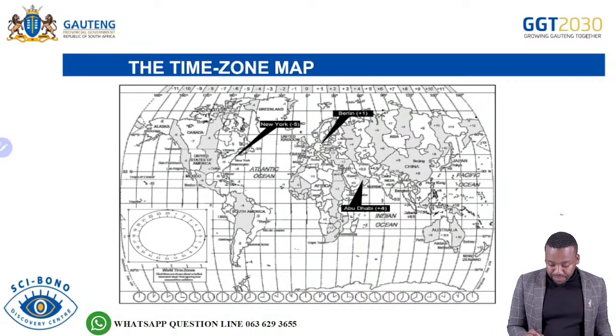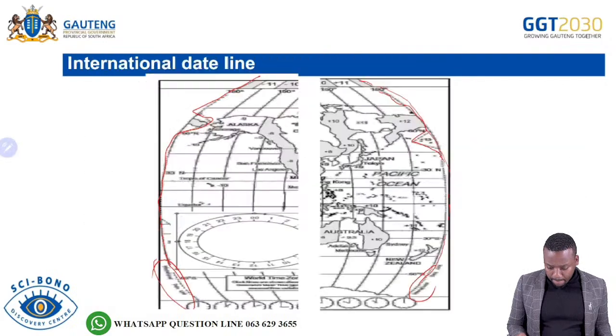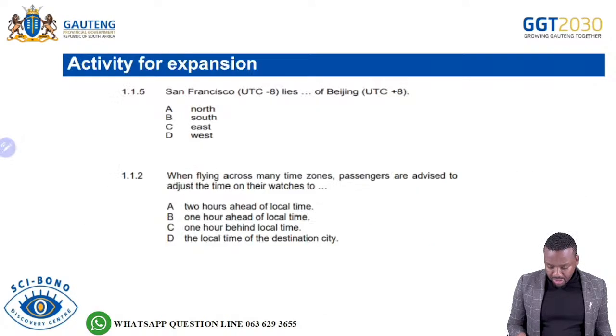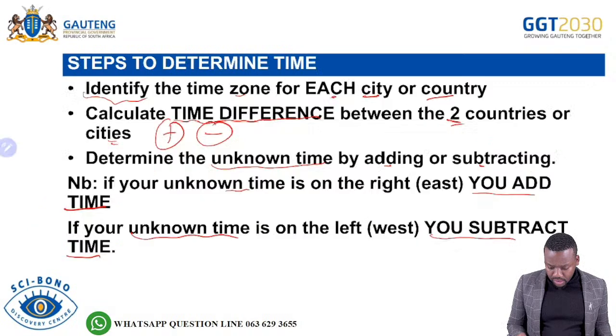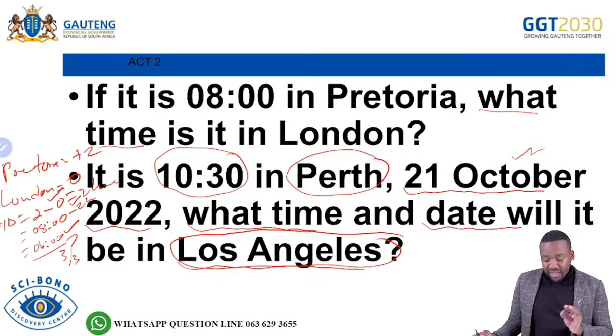What do you have? It is Los Angeles and Perth, if I'm not mistaken. Yes. If it is 10 hours 13 in Perth, 21 October 2022, what time and date will it be in Los Angeles?